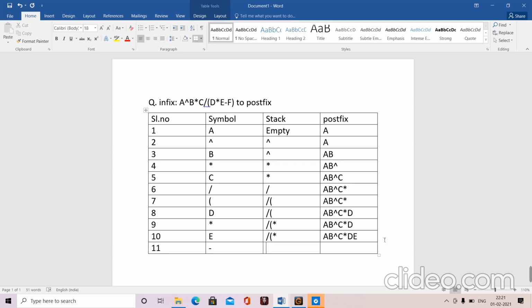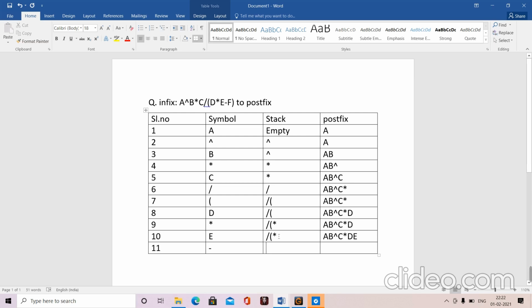But you see here, after the left parenthesis we already have an asterisk symbol, and this asterisk symbol will be compared with the new symbol, minus. Multiplication and minus are compared, and the asterisk has higher priority.